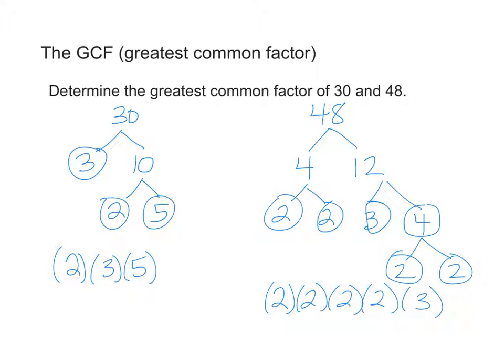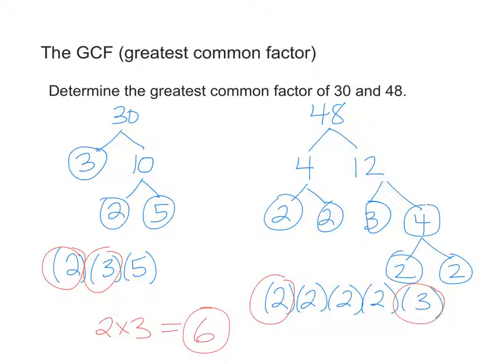Because now we can look at what's common in the prime factorization. They both have a 2. They also both have a 3. And 2 times 3 is 6, which is the greatest common factor. Six is the greatest common factor.